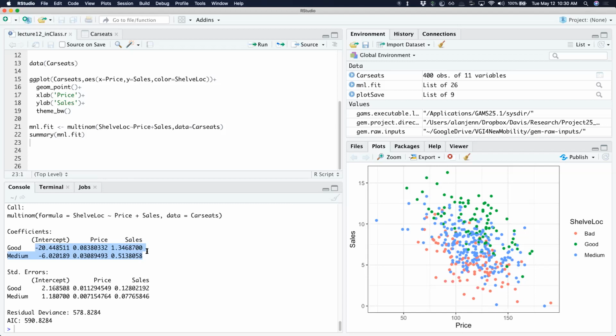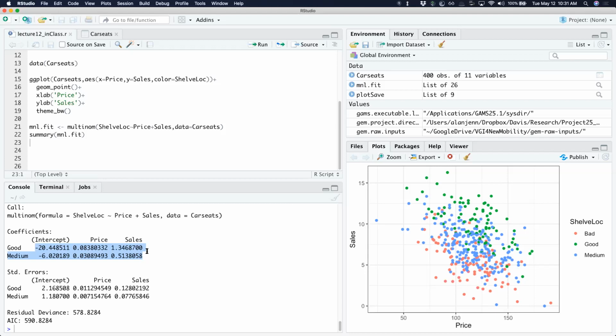Remember that all of these outcomes are relative to each other because we're talking about the probability of a specific outcome happening. You can calculate the probability of good from its coefficients. We can calculate the probability of medium from its coefficients, and then you can calculate the probability of bad from 1 minus the probability of good minus the probability of medium, right?